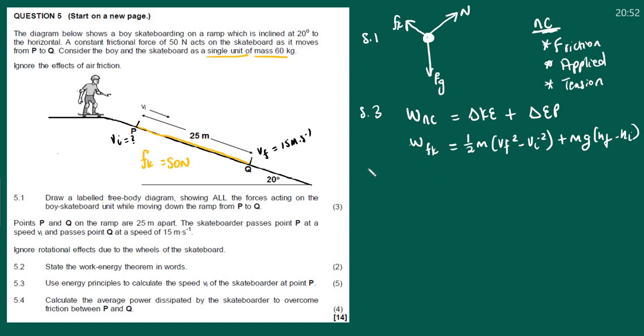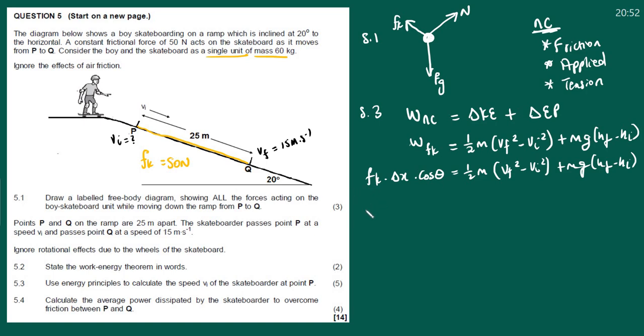Now the work done by friction, you usually call it friction 180, which means for friction we usually use 180 degrees. So we would say fk, change in x, cos theta, equals half m vf squared minus v initial squared plus mg h final minus h initial.